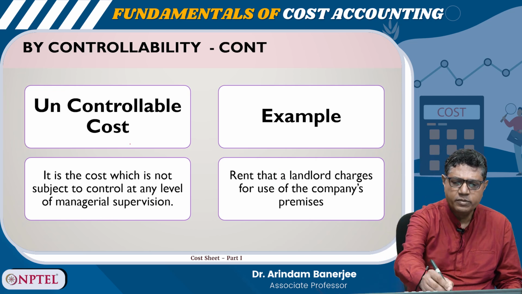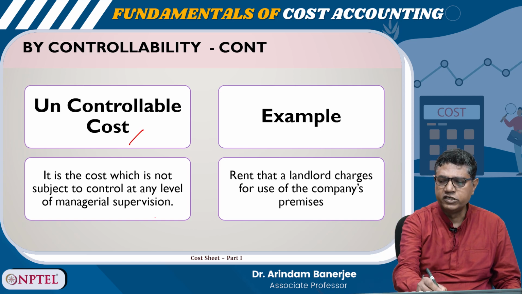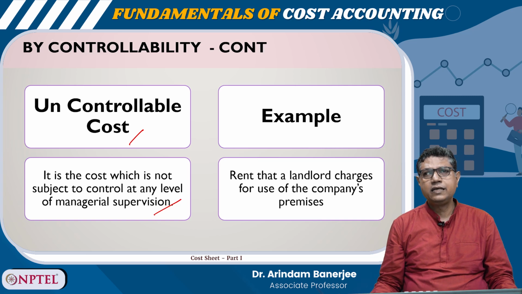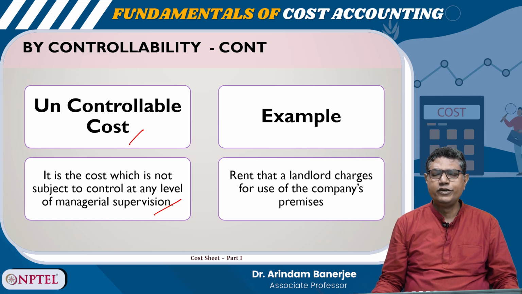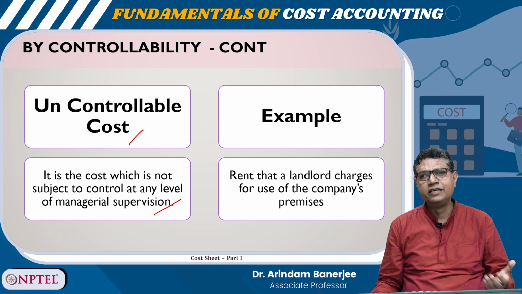Then there are uncontrollable costs. It is the cost which is not subject to control at any level of managerial supervision. There are certain types of costs which the management may not be able to control. The example is that if the company has taken an administrative building on rent. Usually these are long term leases, of 10 years, 20 years, 30 years.